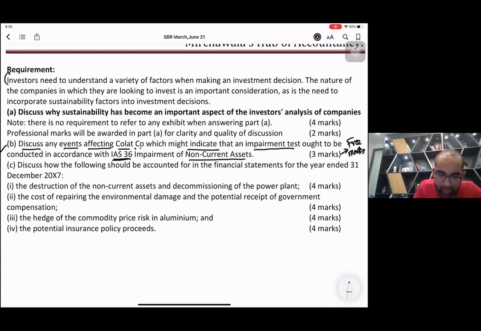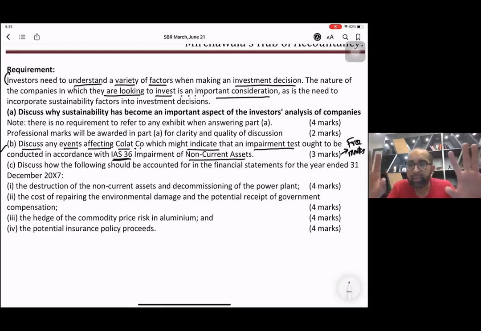Read this. Investors need to understand a variety of factors when making an investment decision. The nature of the companies in which they are looking to invest is an important consideration. Be an investor, be a CFA guy for just 5 minutes, or be an institutional investor.